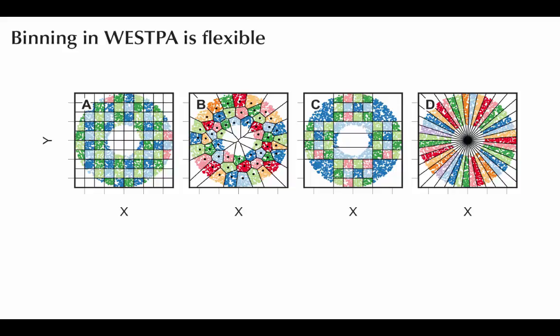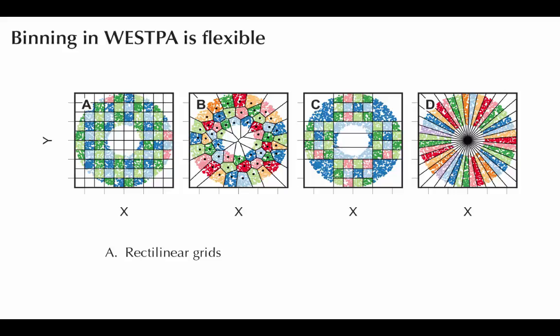One of the most simple ways is to think, well, let's put a bunch of bins in the x direction, let's put a bunch of bins in the y direction, and just see where all our trajectories wind up after a certain amount of time. So rectilinear grids of bins. This is probably what most people think of when they think about dividing up a progress coordinate into bins in some way that makes sense.